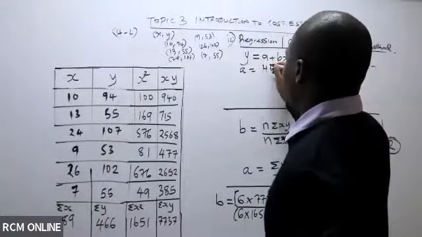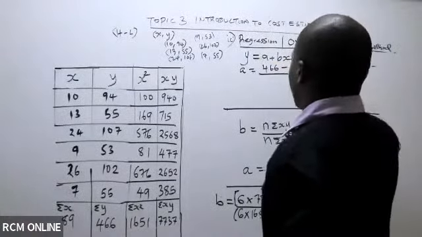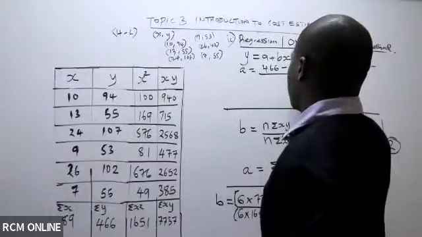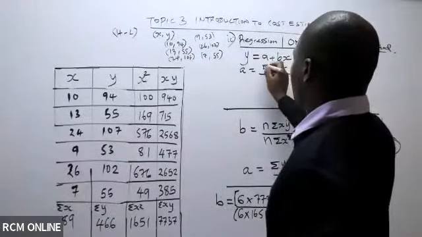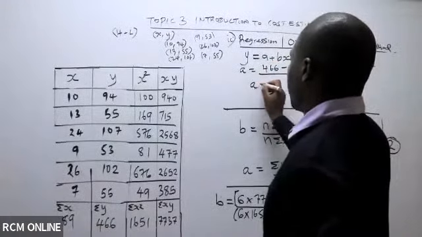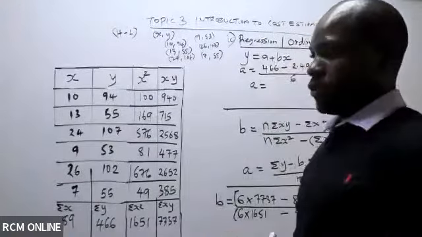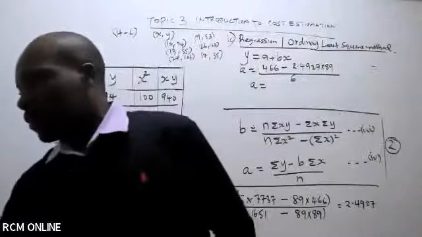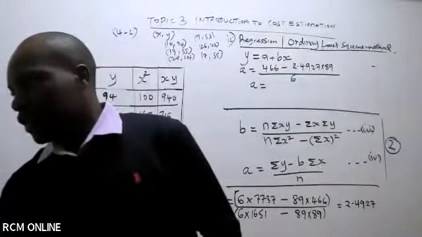The whole of that divided by N, which is 6. When you are told to do that, what are you getting as the value of A to 4 decimal places? What is the value of A?